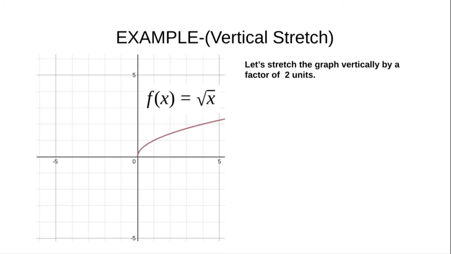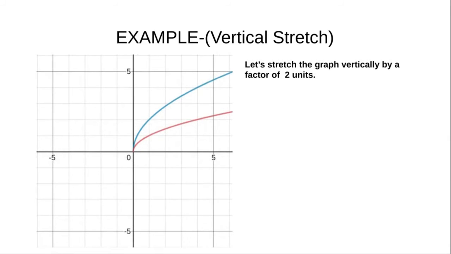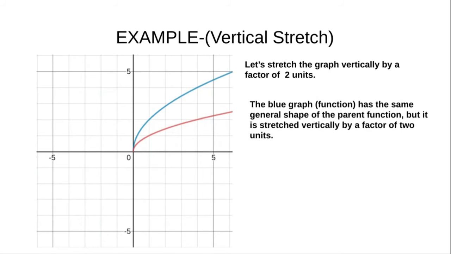Now, if I want to stretch this graph vertically by a factor of 2 units, that would end up looking something like this. So now the blue graph is the red graph when it's stretched vertically by a factor of 2 units. The shape looks basically the same as the parent function, but it's stretched a little bit.